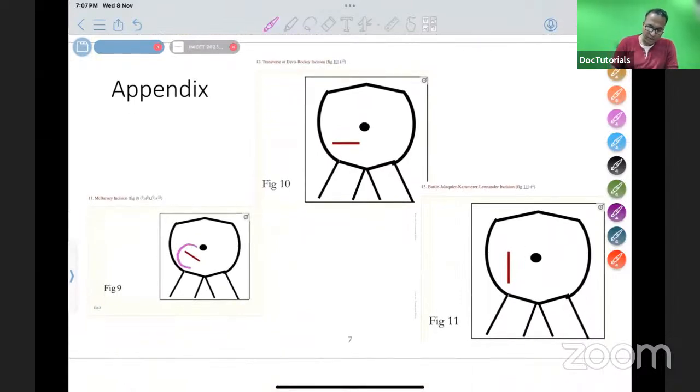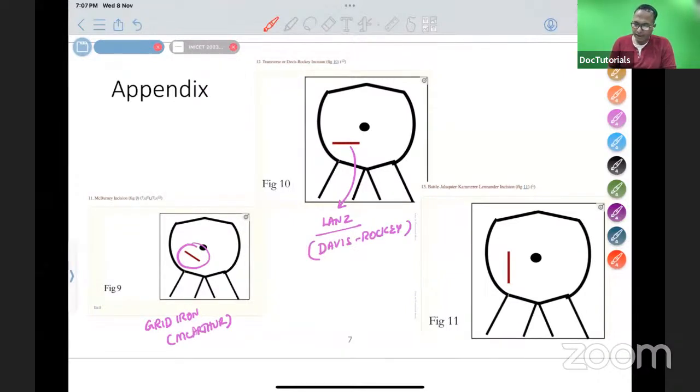So for appendix, you know the various incisions used. This is the number one commonly used incision known as gridiron incision or MacArthur or McBurney incision. And this is what we call horizontal Lanz incision. It is also known as Davis-Rockey incision. So Davis-Rockey is a horizontal incision. And this is a perpendicular incision for a difficult appendix.